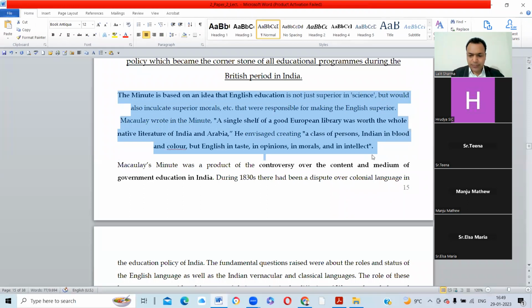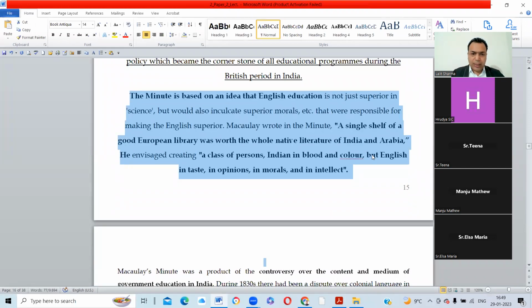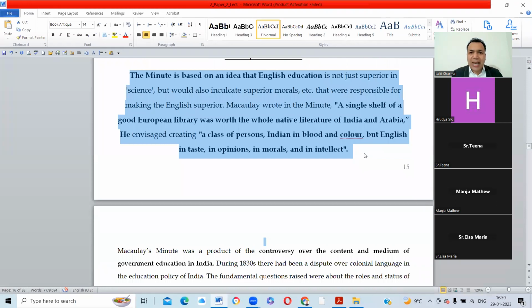Okay, you can see that the minute is based on the idea that English education is not just superior in science, but would also inculcate superior morals, etc., that were responsible for making the English superior. Macaulay wrote in the minute, a single shelf of a good European library was worth the whole native literature of India and Arabia.